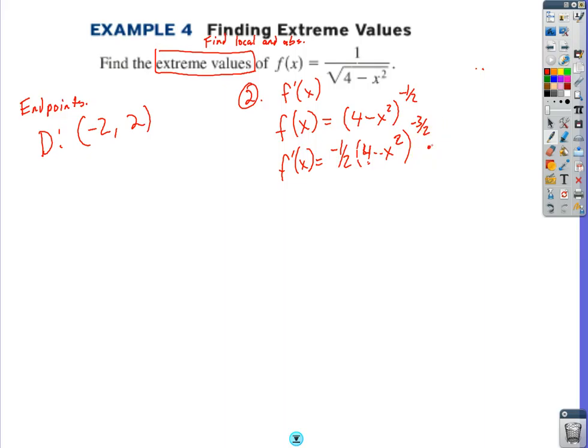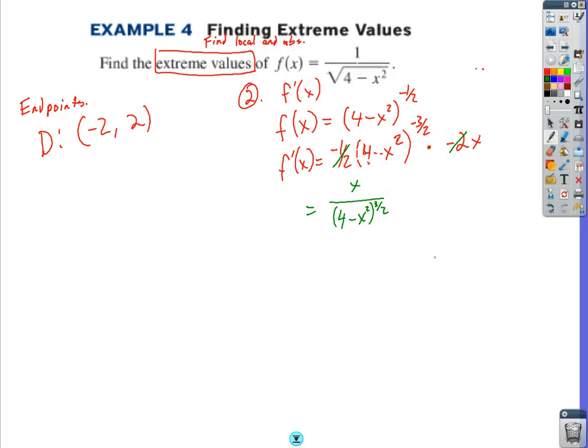The derivative of my inside is a -2x. What I'm going to find out here is that the -2 and the -1/2 are going to end up canceling themselves out to be +1. And what I have left over when I rewrite this is x over 4 minus x squared to the 3/2.